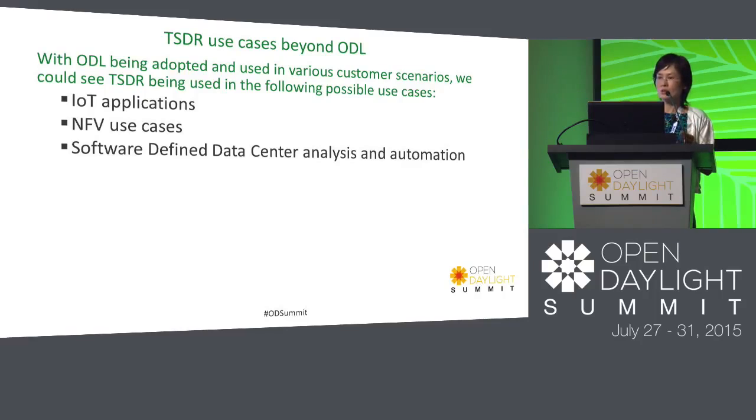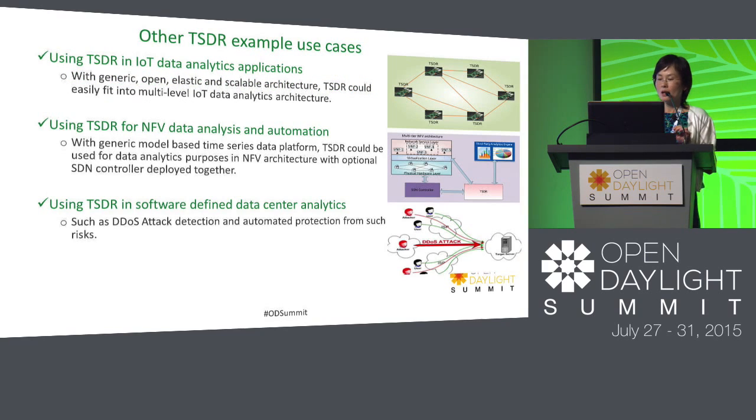And the good news is the ODL controller has already been deployed on Raspberry Pi, so we can leverage the synergy there to enable TSDR in those applications. Also, NFV is really taking off now, and we believe the same concept of TSDR can be applied in NFV too.